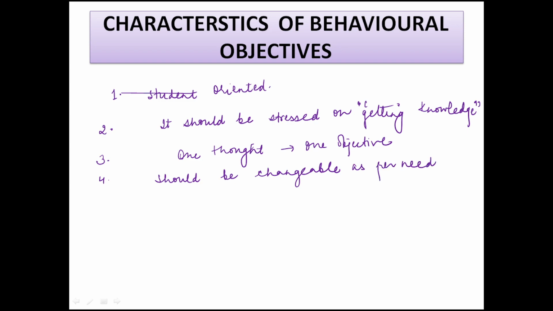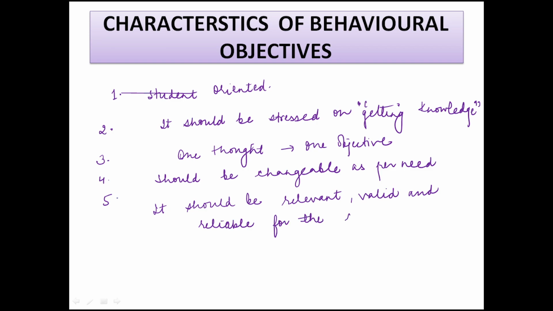So we should be flexible in writing the teaching objectives, and as I told you earlier, it should be relevant, valid, and reliable for the content. So these are the important characteristics of behavioral objectives.